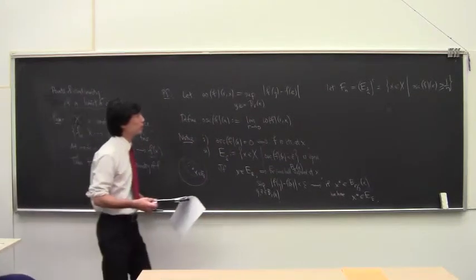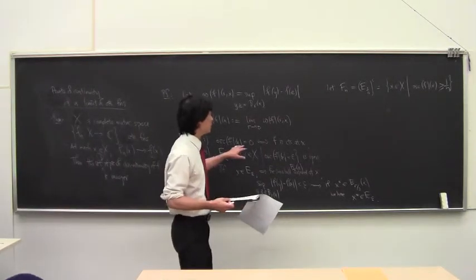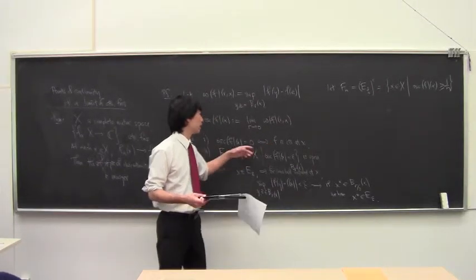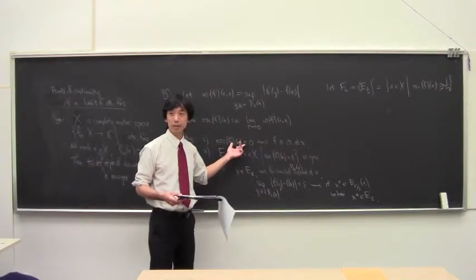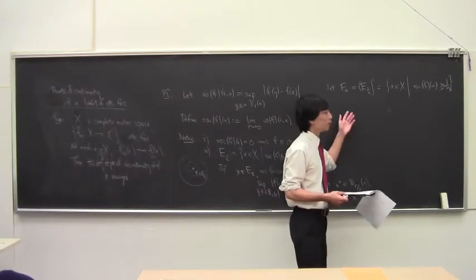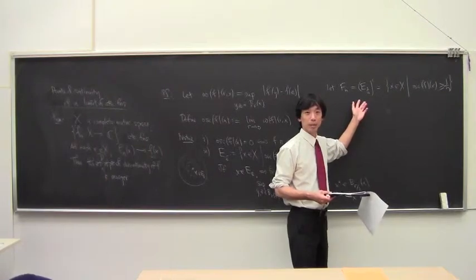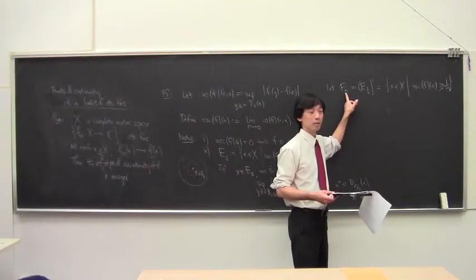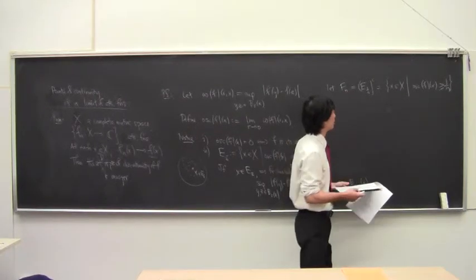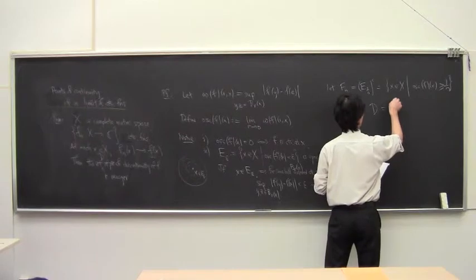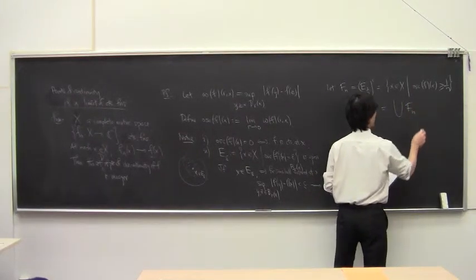Okay. So notice that if you're a point of discontinuity, that means that the oscillation is positive there. Right? The oscillation is positive there. And so, any point of discontinuity is going to lie in one of these sets. Right? So we're going to say, let's consider D as the union of the F_n sets.